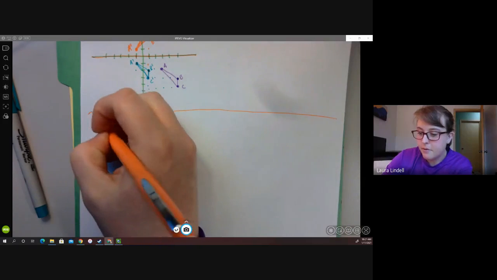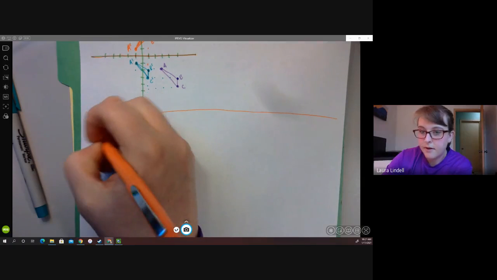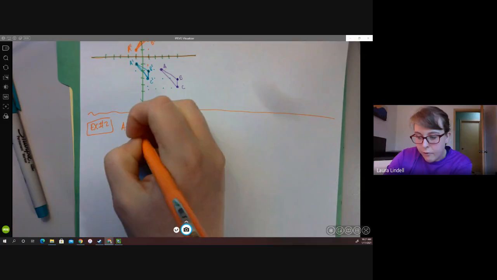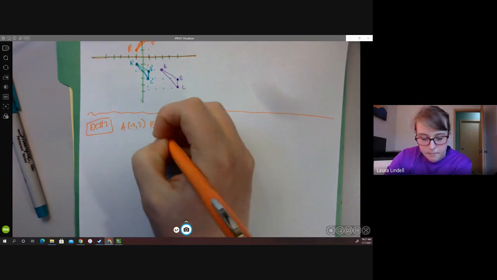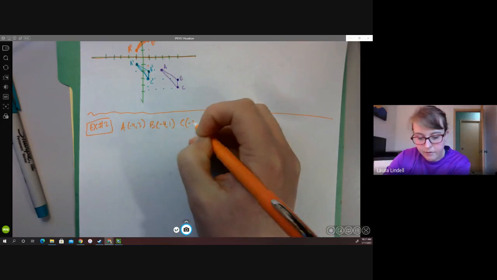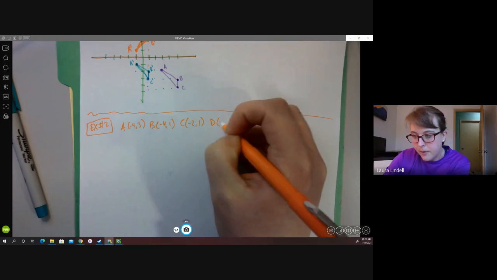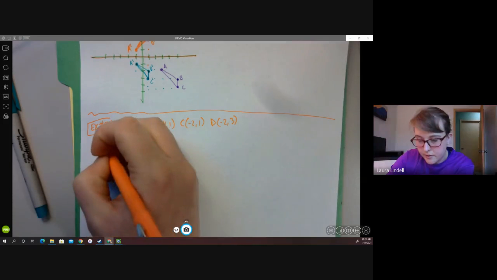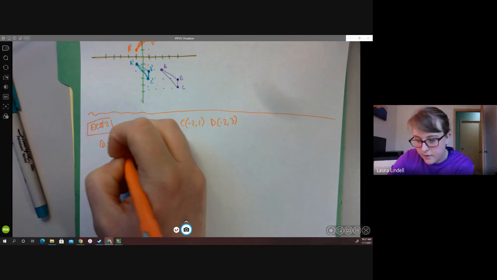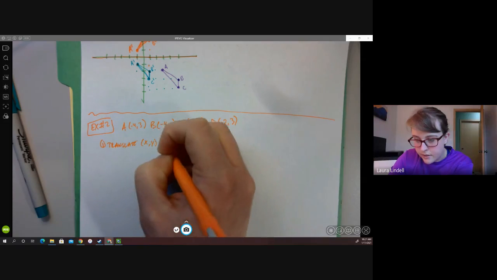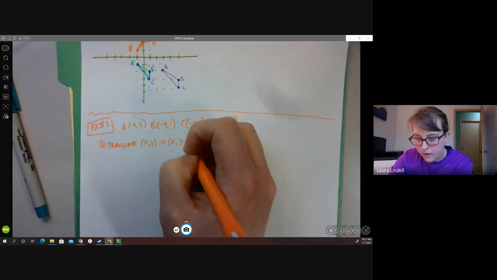So second example. For this one, point A will be (-4, 3). B will be (-4, 1). C will be (-2, 1). And D will be (-2, 3). And so our instructions, instruction number 1 is translate with the instructions (x, y) goes to (x, y - 4).